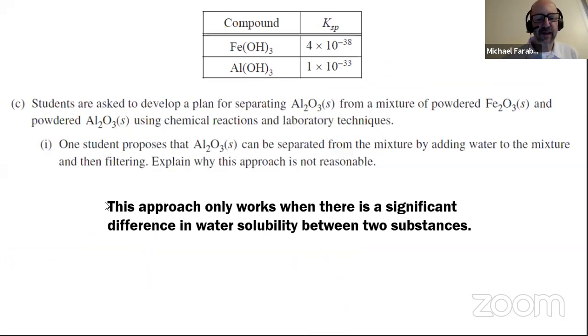So the approach of separating one from the other based on solubility only works if there is a significant difference in water solubility between the two substances. And unfortunately, 10 to the negative 33 and 10 to the negative 38 as the magnitude of these KSP values, they're both very, very small. There's not a significant difference in the water solubility of those two compounds.